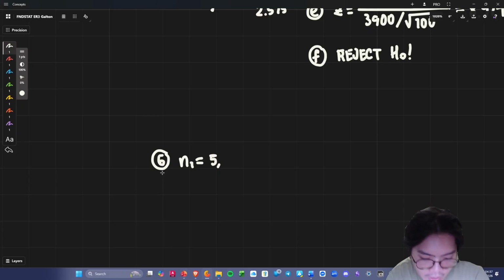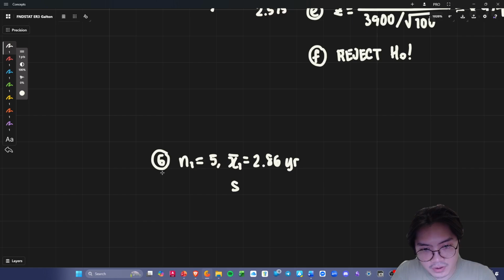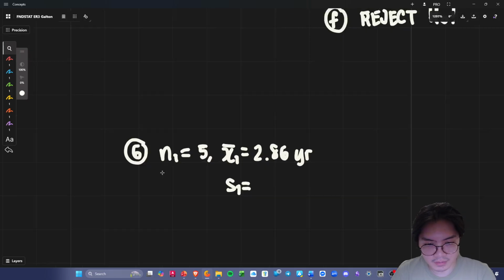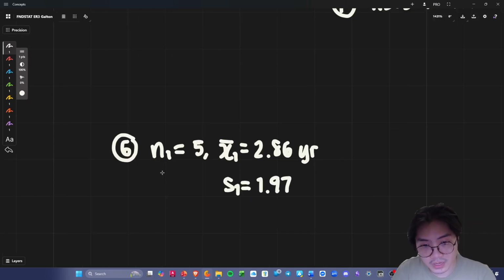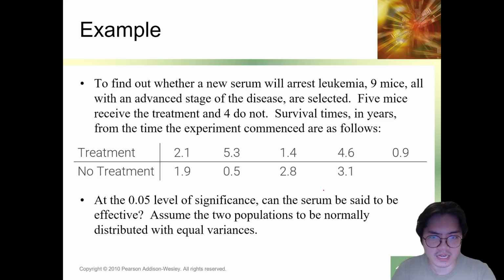From here, we get the x bar for those with treatment: 2.86 years. Their standard deviation, s1, is 1.9705. I think this is good enough. Note that because this is only 5 and 4 samples, we have no clue what the population is like, because only 9 mice are selected.